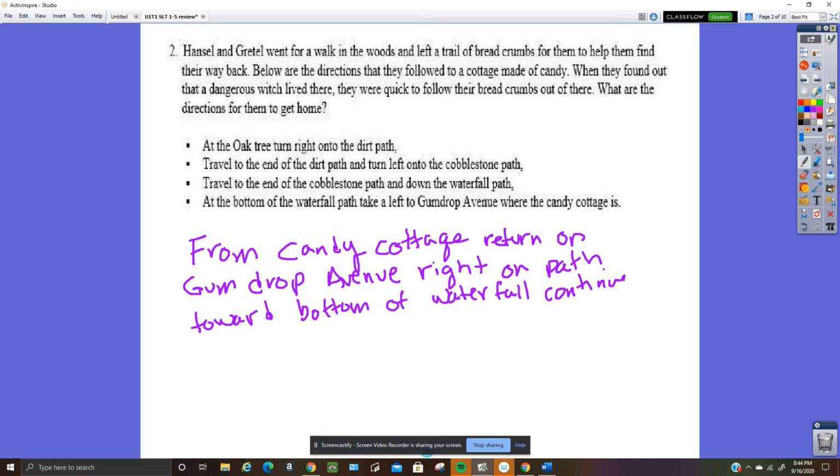Continue on waterfall path to cobblestone.